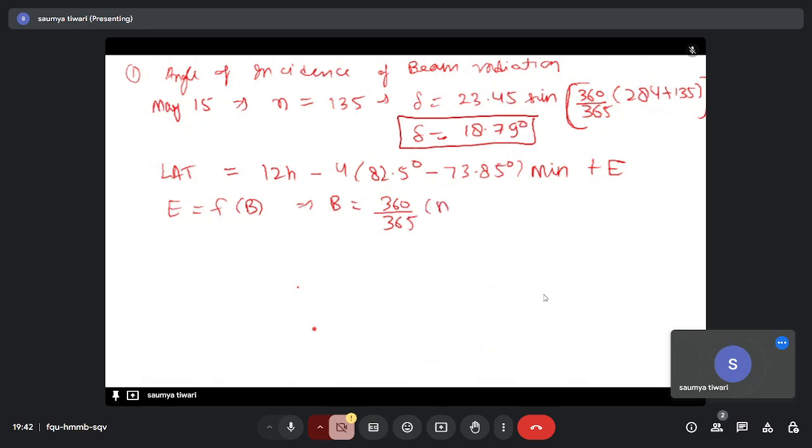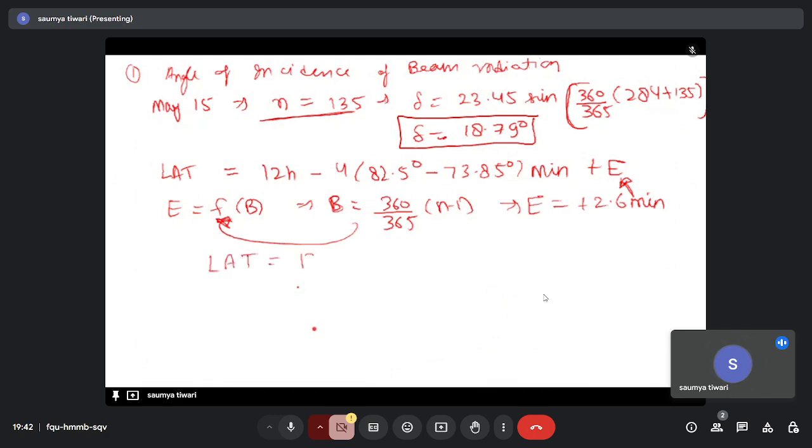So we'll calculate this B value by putting the n value into it, and put it back into this equation. I've already calculated this. This E value will be plus 2.6 minutes. So we'll put this value here and calculate the local apparent time.